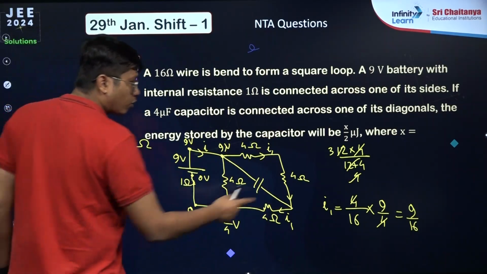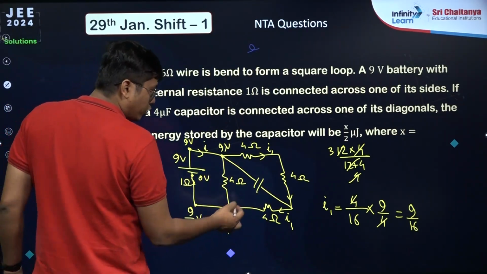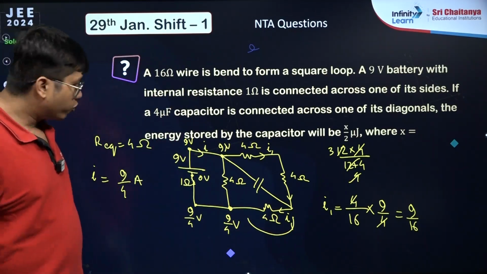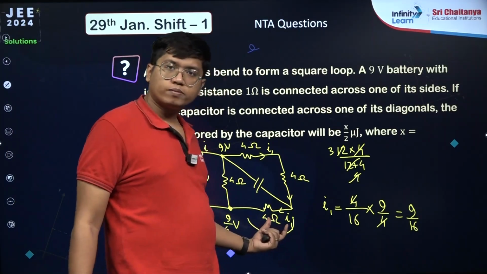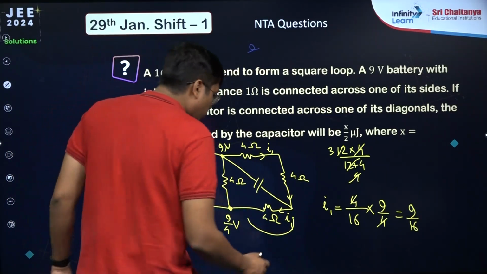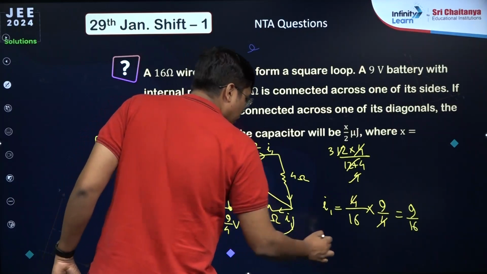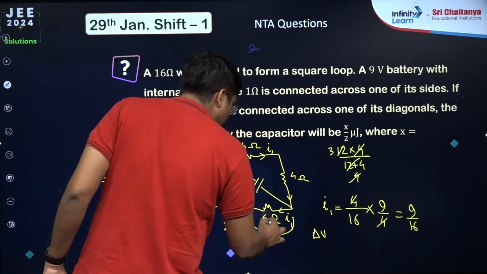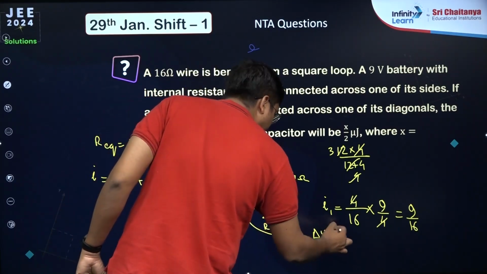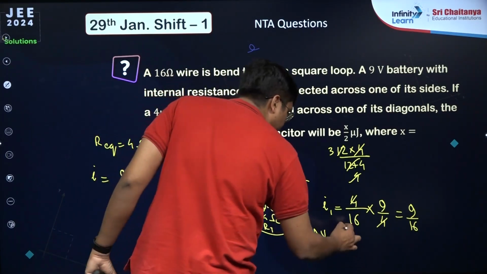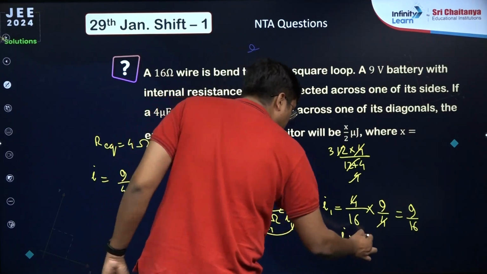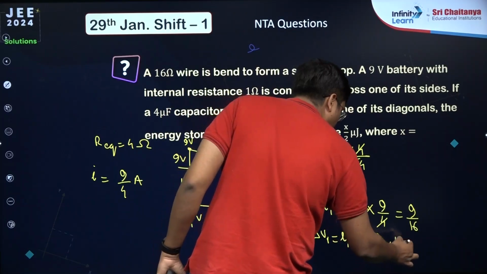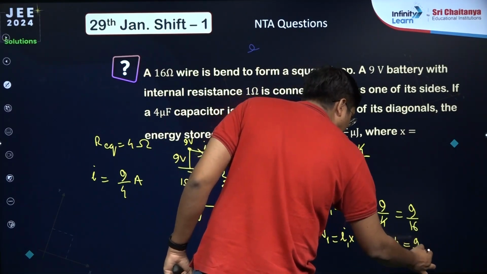Because there's a current flowing of 9 by 16 in that wire, you can find what would be the potential drop across this resistor. It would be that I1 into the 4 ohms. So delta V across, let's call it R1, would be I1 into 4, that is 9 by 16 into 4, that is again equal to 9 by 4 volts.